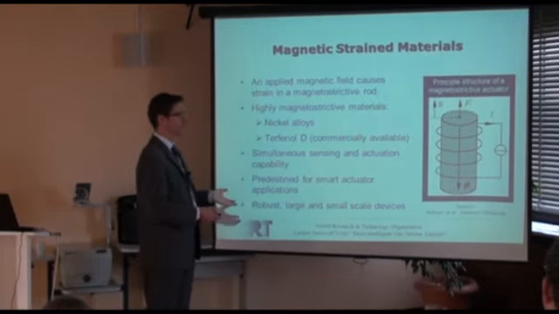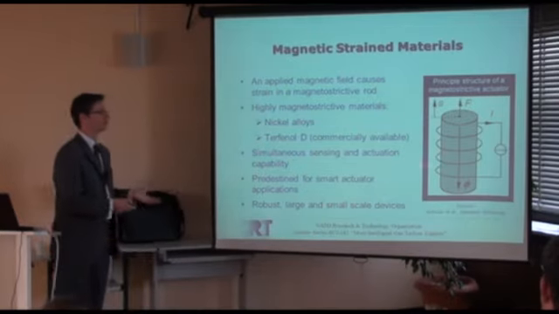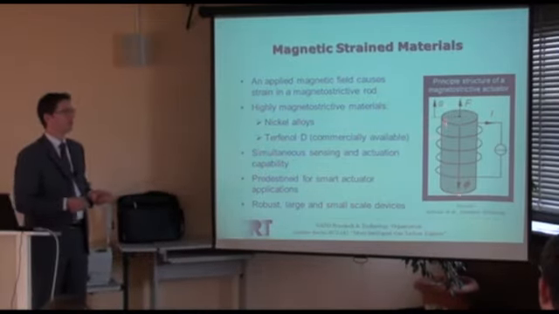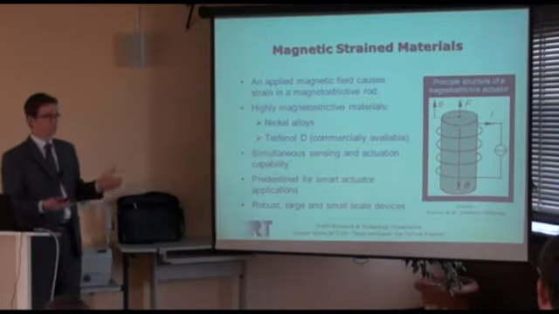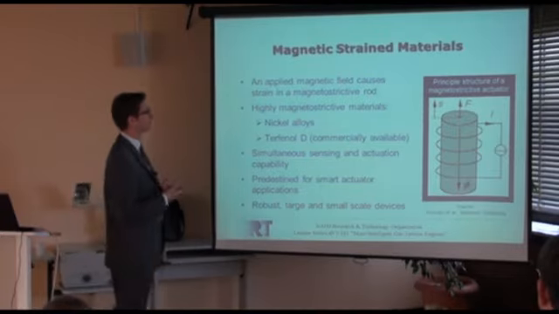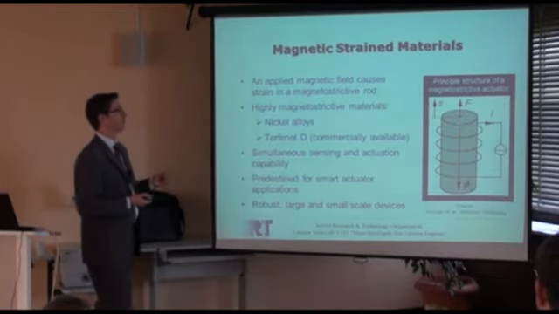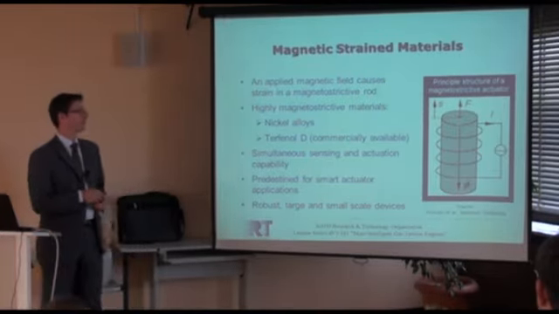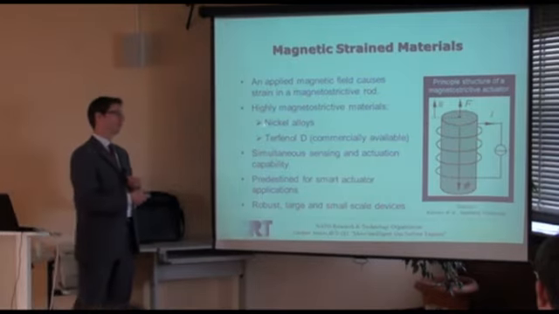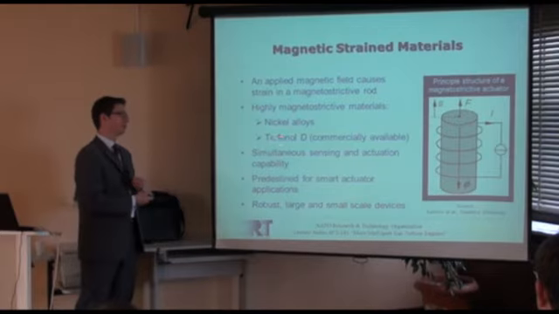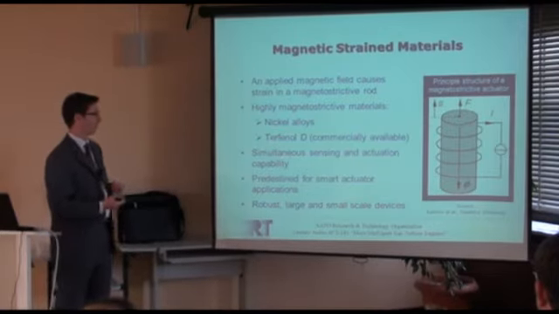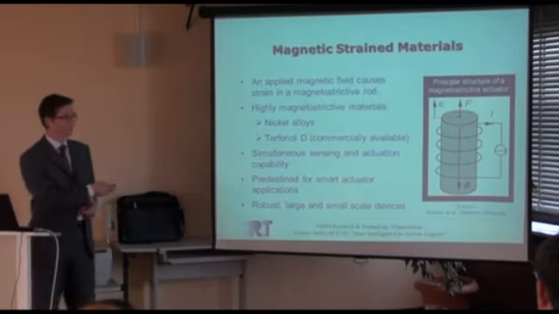You apply a current with a solenoid going through that here, and you get an elongation of the material, so a deformation of this magnetostrictive material. These magnetostrictive materials are, for example, nickel alloys, but a very interesting material is this Terfenol-D, which is commercially available. I think we had this discussion yesterday already.